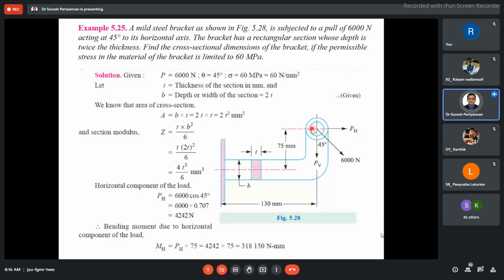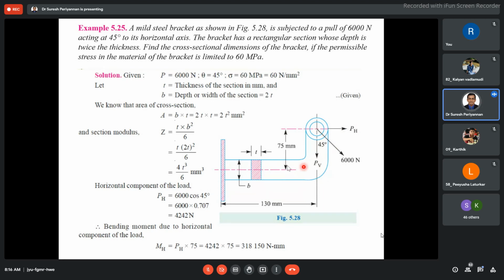When calculating the horizontal bending moment, we consider the horizontal force into the vertical distance. When calculating the vertical bending moment, we consider the vertical force into the horizontal distance. Here it is horizontal force into vertical distance, PH into 75, which gives the bending moment with respect to the horizontal component of the load. And the vertical bending moment is with respect to the vertical component of the load, where the vertical load is 6000 into sin 45.